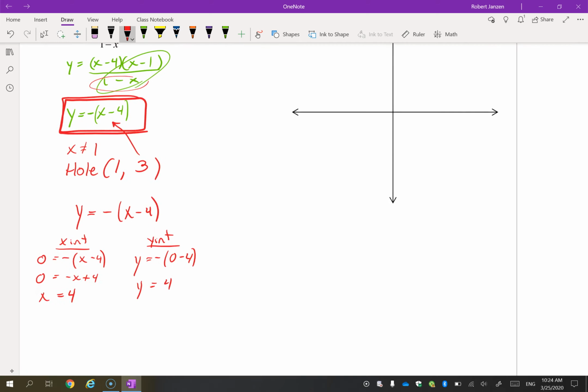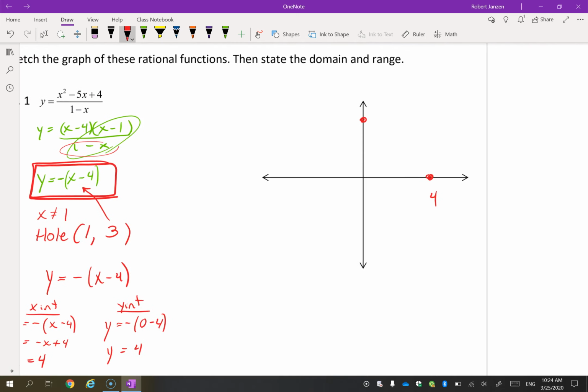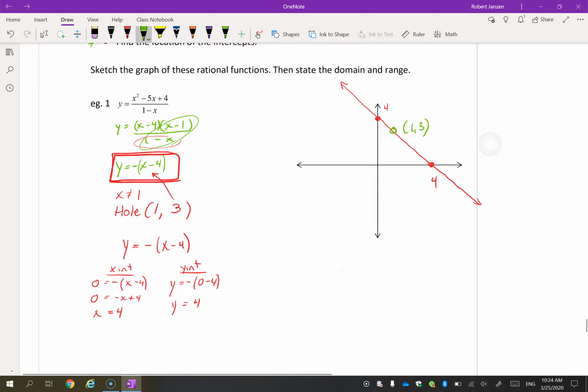Okay, so we have an x-intercept that is 4. We have a y-intercept that is 4. And we're going to have a line that goes through there with a hole at 1, 3. Okay, there's our graph. That's our first rational function.